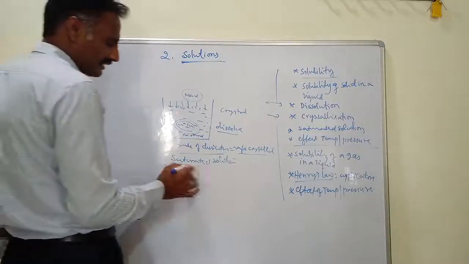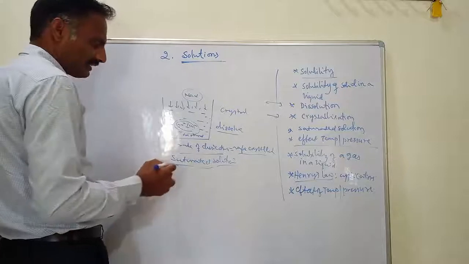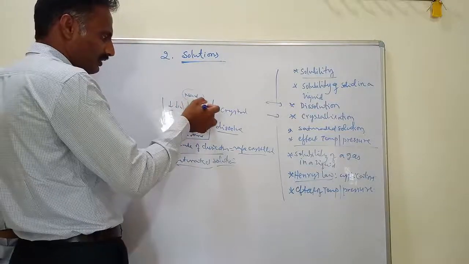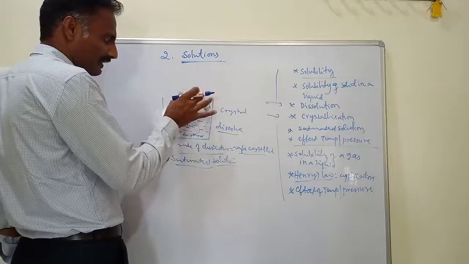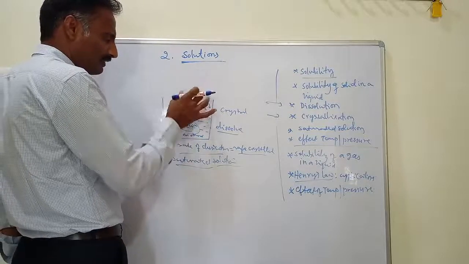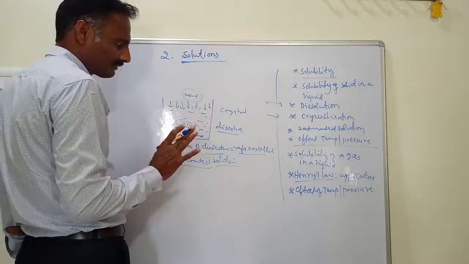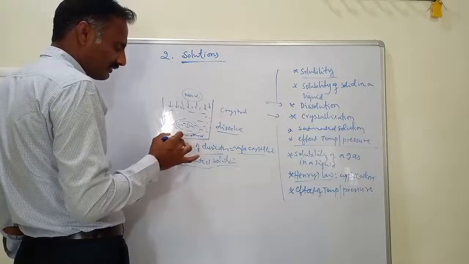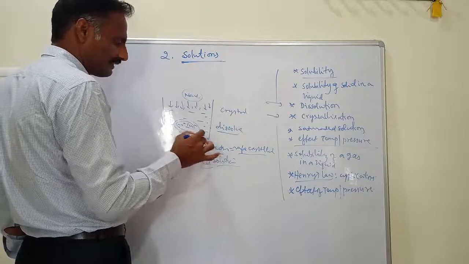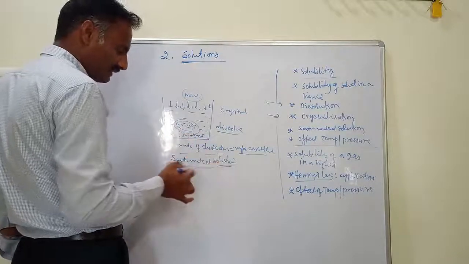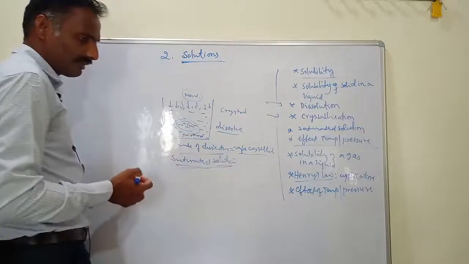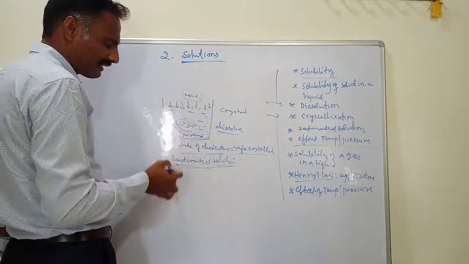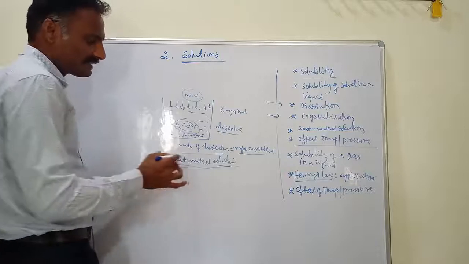Saturated means that no more solute can be dissolved in the solution. If you add excess solute, it crystallizes out. A solution in which no more solute can be dissolved at a particular temperature is called a saturated solution.